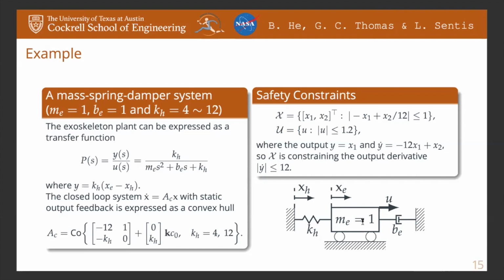The closed loop A matrix is in a convex hull because of the uncertainty in the human stiffness. In order to reduce the load applied on the human, we want to constrain the human contact force and the changing rate of the human contact force. This will give us some state and input constraints.